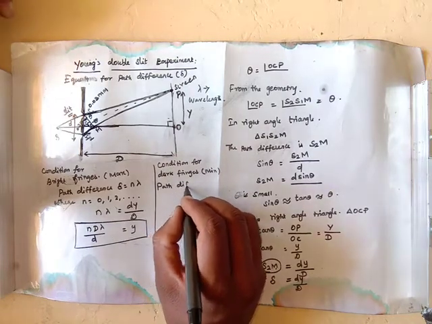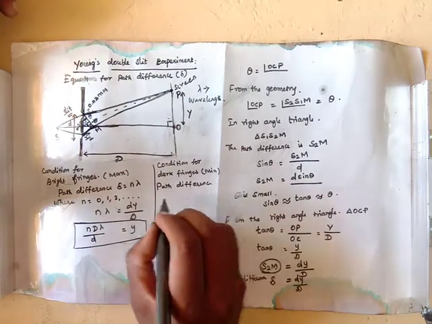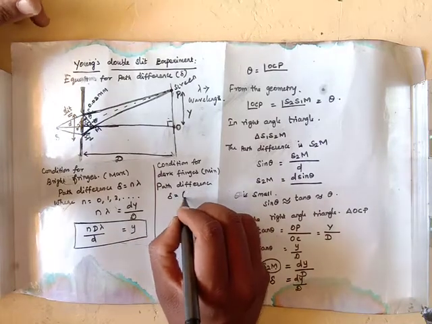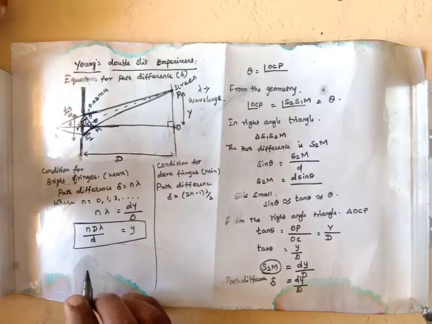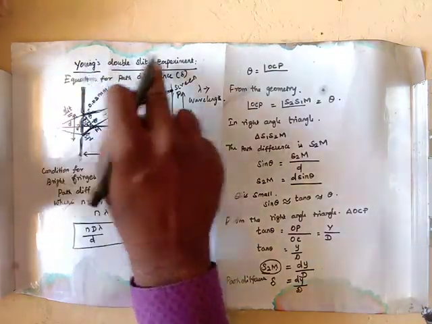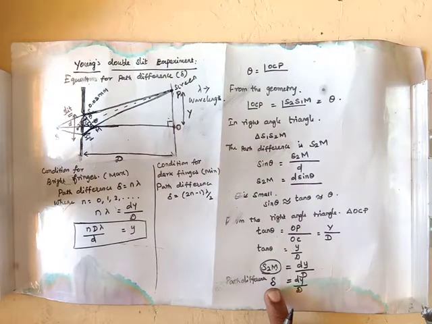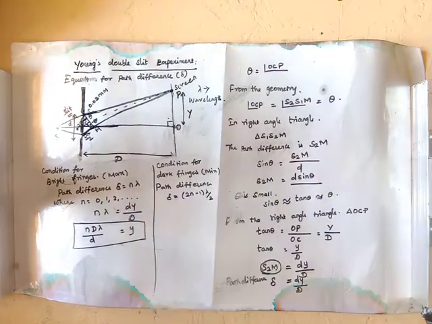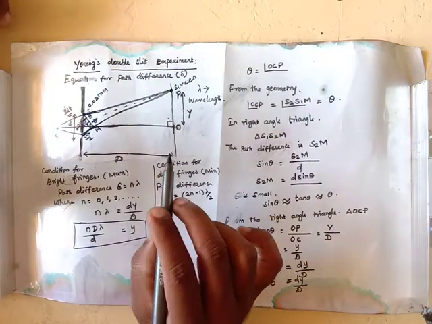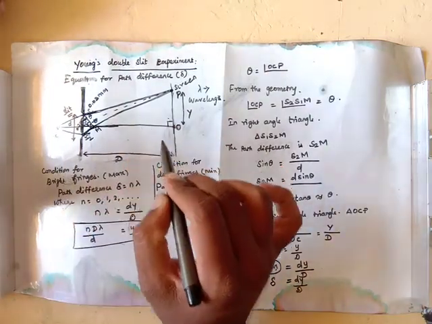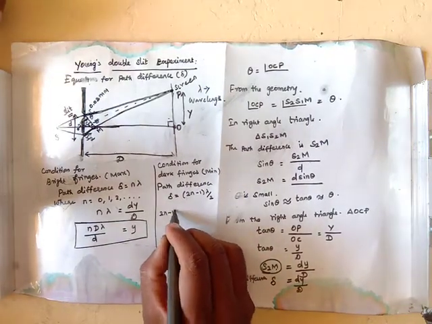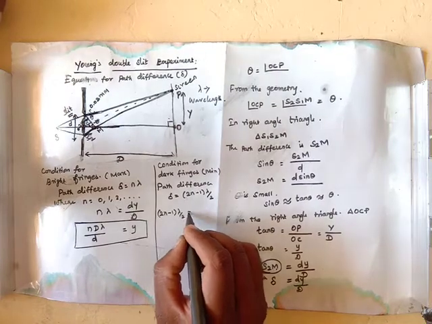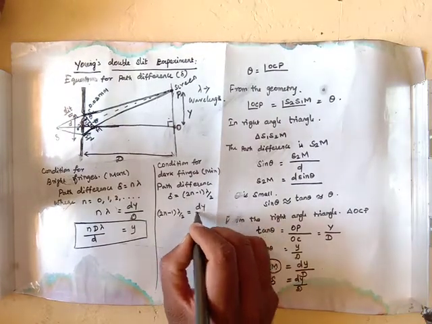The path difference delta is equal to (2n minus 1) lambda divided by 2. According to the Young double slit experiment, the path difference delta is equal to dy divided by d. Where there is a dark fringe, the condition is (2n minus 1) lambda divided by 2 is equal to dy divided by d.